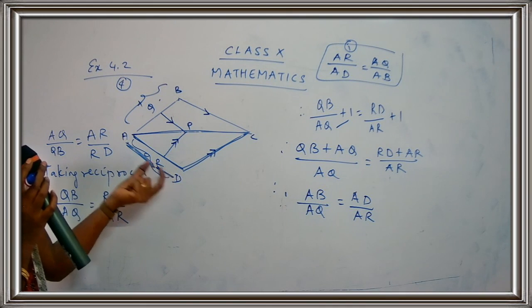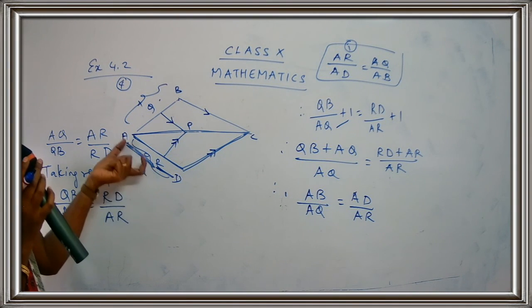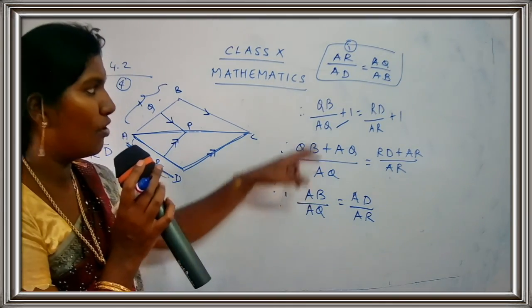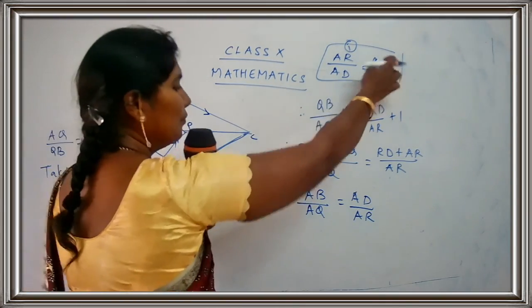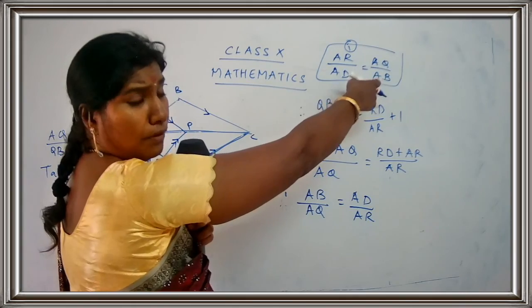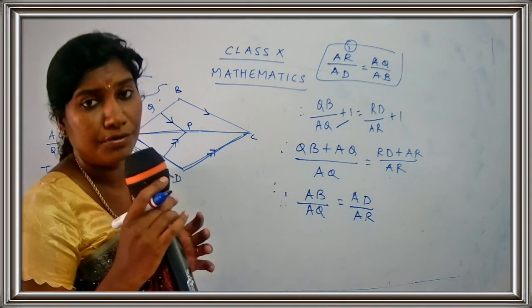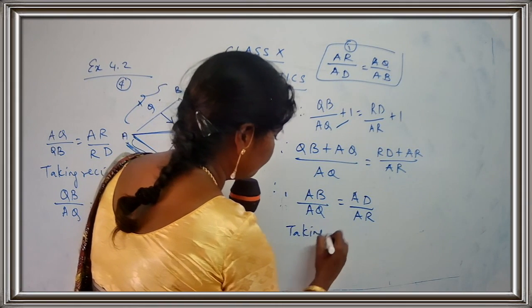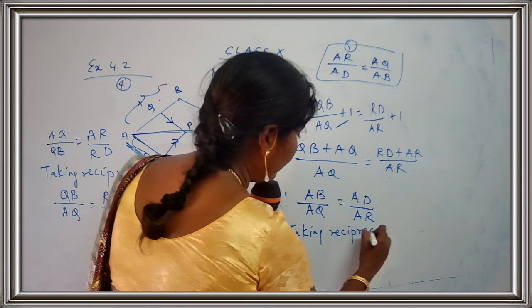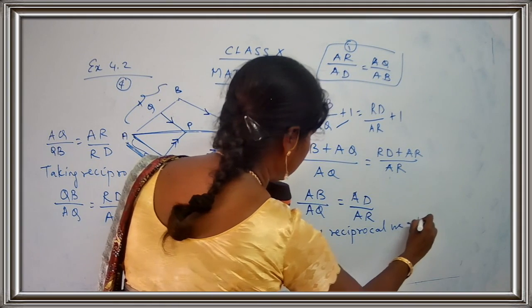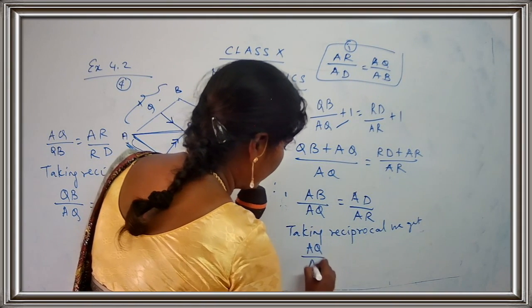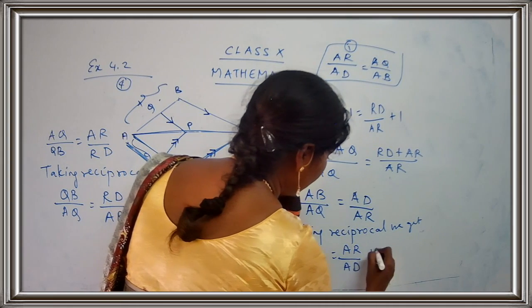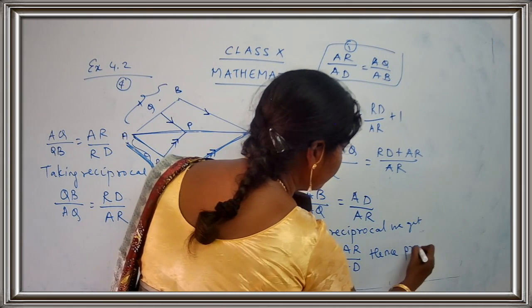So when you add RD and AR, you get AD. Now here, I don't want it in the form of AB upon AQ. I want it in the form of AQ upon AB. So here again we are going to take the reciprocal. On taking the reciprocal, we get AQ upon AB is equal to AR upon AD. Hence proved.